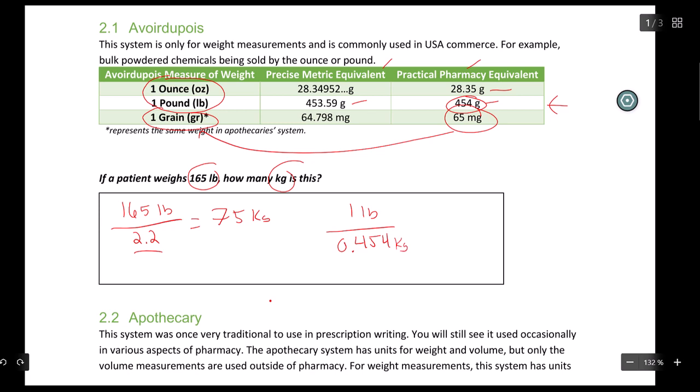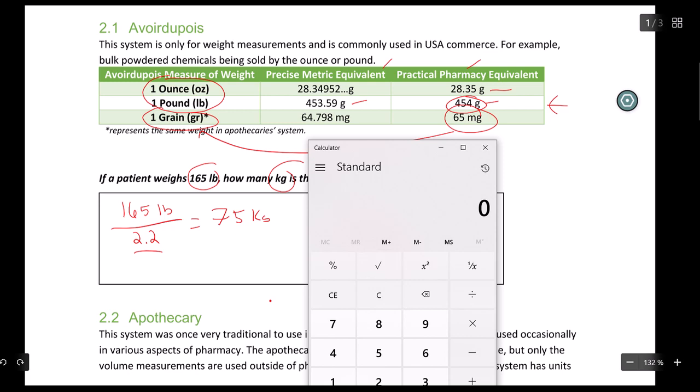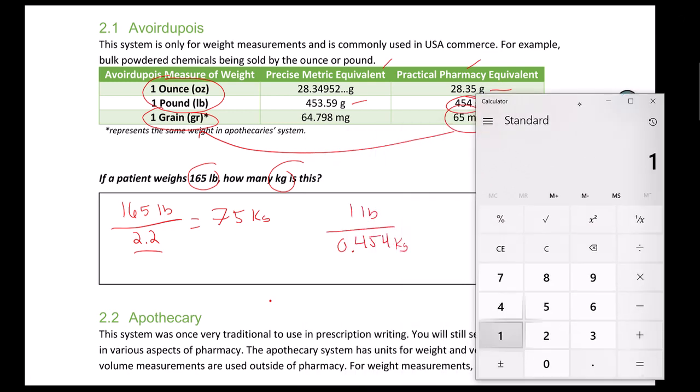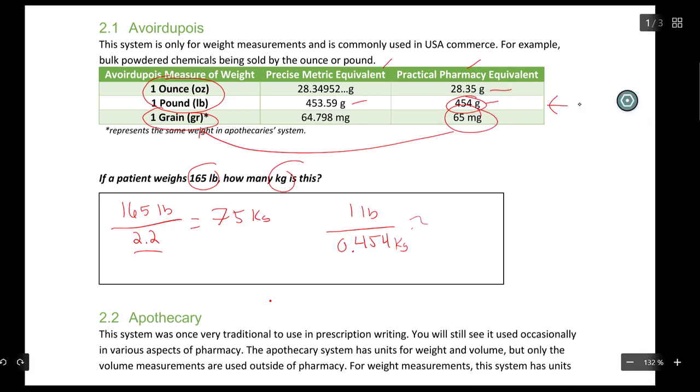If I take the number 1 and divide that by 0.454, I get approximately 2.2. This is saying that 2.2 pounds is equal to 1 kilogram. And that's why we get the conversion 2.2.